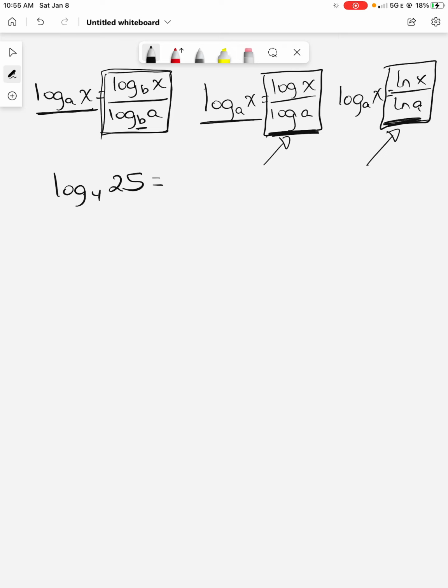Using the formula, if we want to convert this to base 10, then both in the numerator and the denominator, we use log of base 10. The x, right, the number here, goes in the numerator. So in our case, that's 25. And whatever base we have goes in the denominator. So in this case, it's 4.